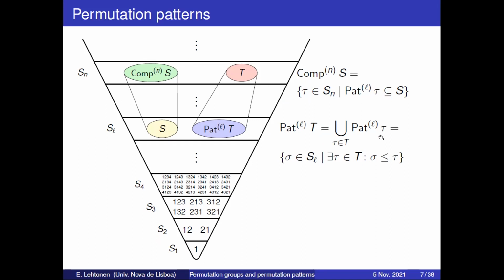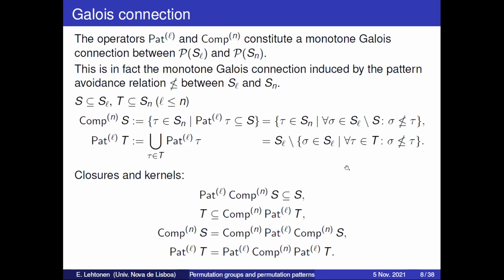And in this way, we get two mappings between the two levels in this diagram, between L and N permutations, comp and pat. And in fact, these two mappings constitute a Galois connection.